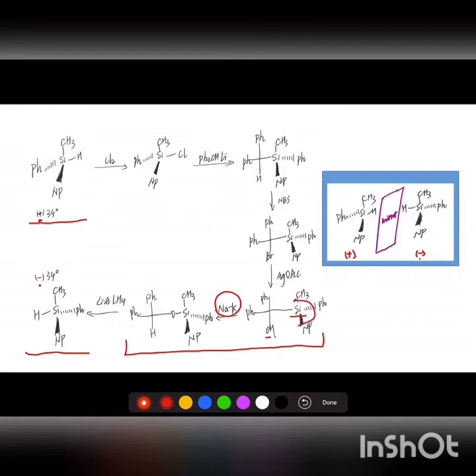Through the base environment, the silicon atom replaces the position of the hydrogen and bonds to the oxygen, while the hydrogen replaces the position of the silicon atom, right?